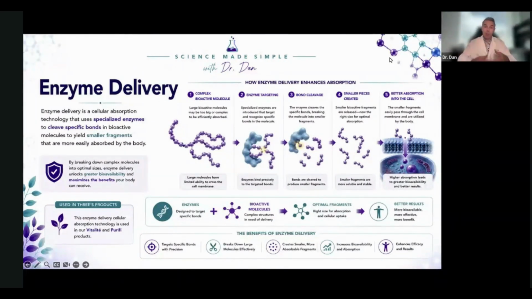This is another approach where we make smaller and smaller fragments that are then able to get through the cell. And the hydrolyzation and micronization technology also works on them. So we use complementary approaches, and that's how we do this. Enzyme delivery is used in Vitalite and Purify.